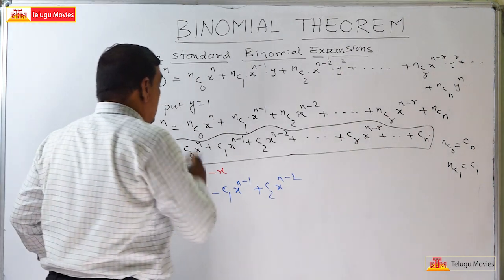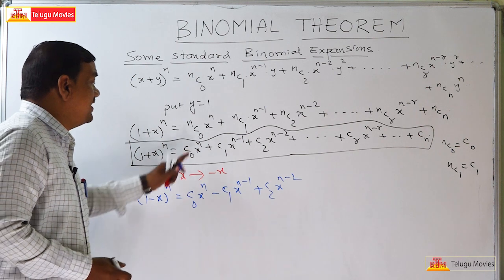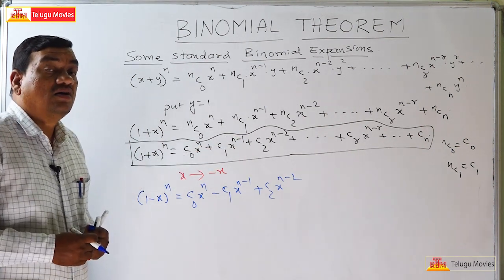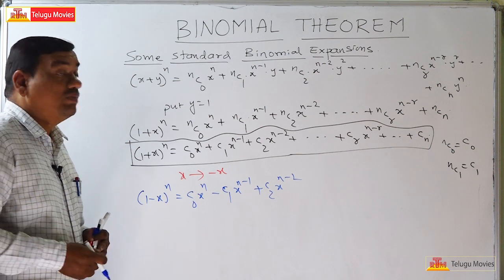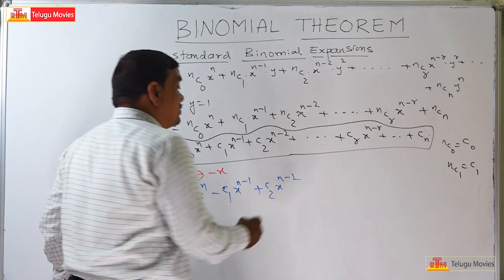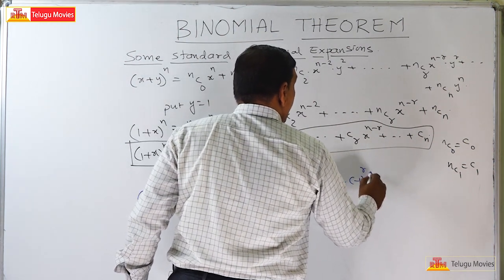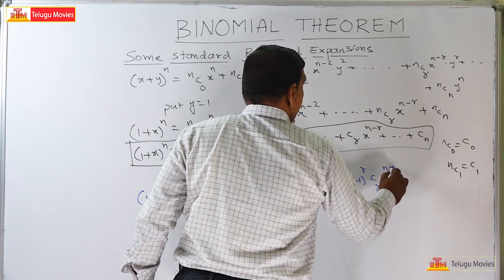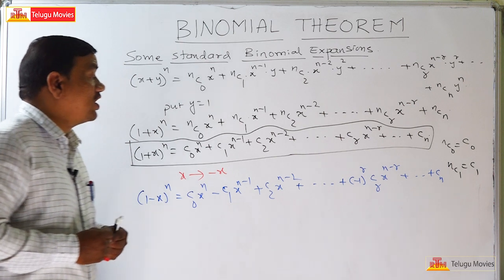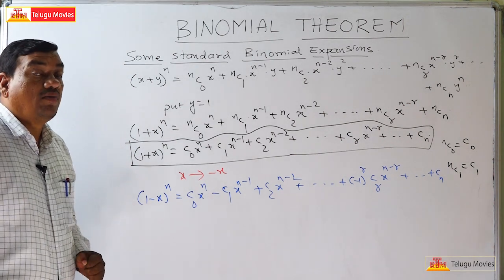So here we get (-x)^(n-1). If n is positive and n minus 1 is an odd number, then the minus will come outside. Plus so on, and the general term is (-1)^r Cr x^(n-r), plus the last term Cn. This is another very important binomial expansion.